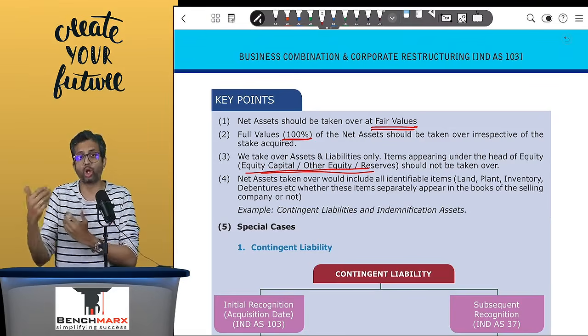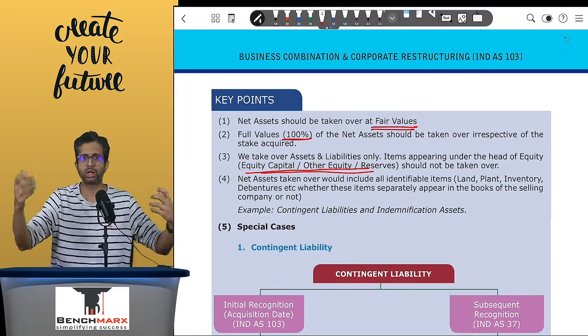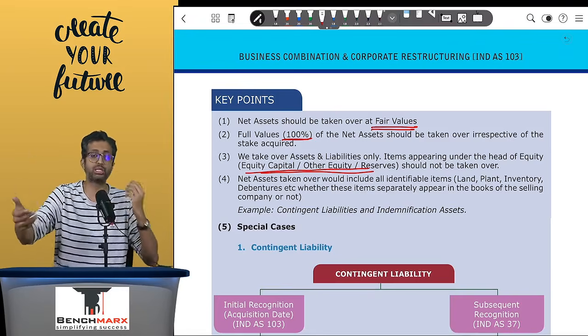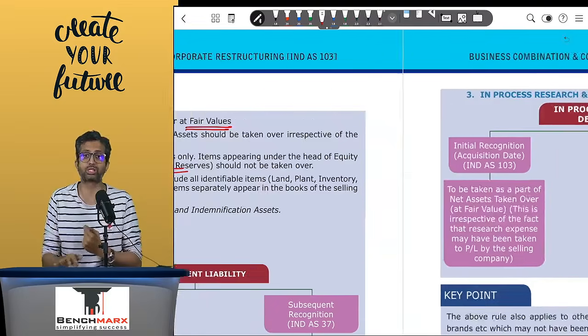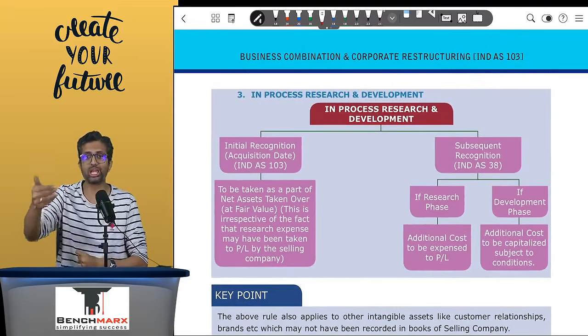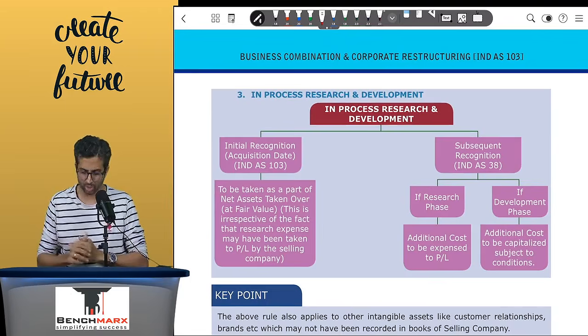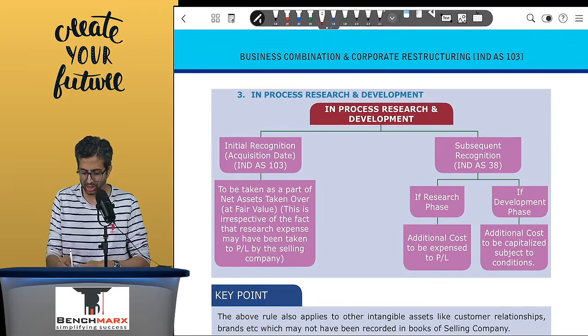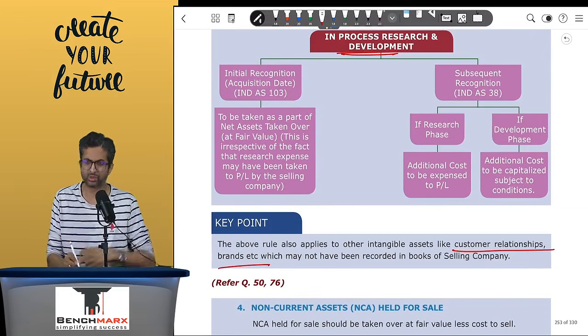That same logic and analogy also applies to other items, like certain brands or customer relationships or lists which may not be recorded in the books of the selling company, probably because the cost was not reliably measurable. However, as per Ind AS 103, you will take over assets and liabilities at fair value and not at their initial cost, and hence you will take over these items at fair value. So over here, when you look at in-process R&D, that same logic also applies to other intangibles like customer relationships, brands, etc.